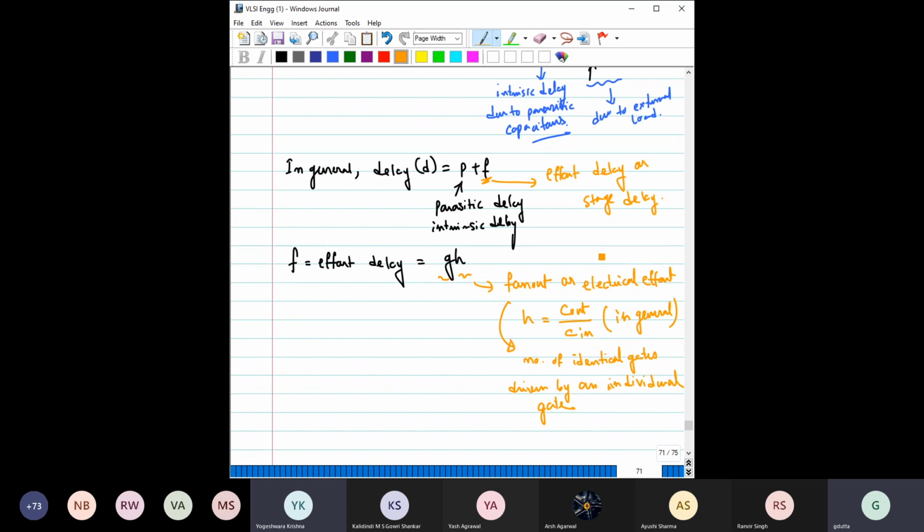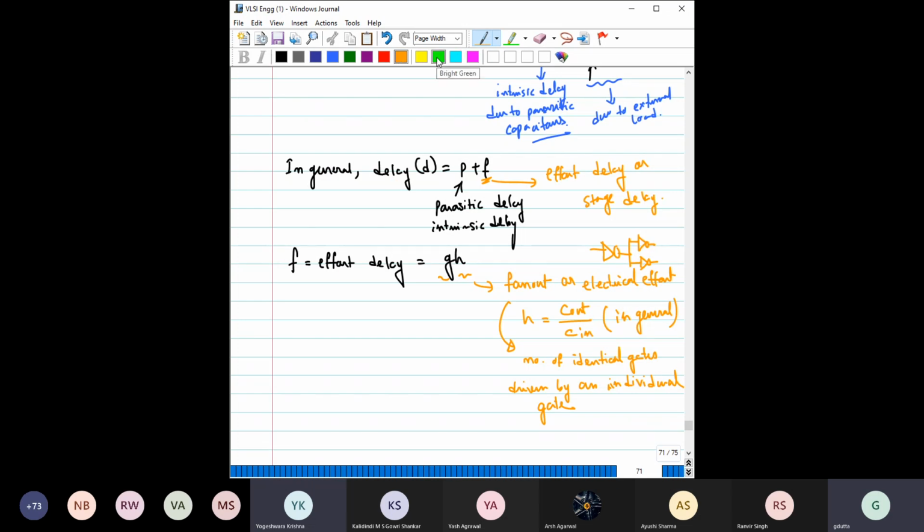Suppose you have one inverter and this inverter is driving two inverters, then the number of identical gates driven is 2, so the fan out H would be equal to 2. But remember, if it is a different gate, for example this inverter is driving some other gate, then in general you have to use H equal to C out by C in.